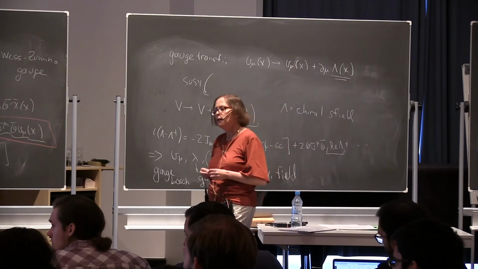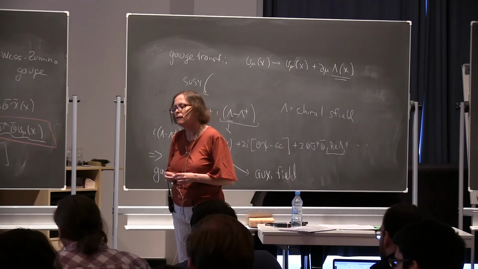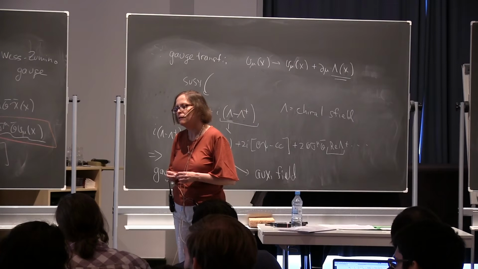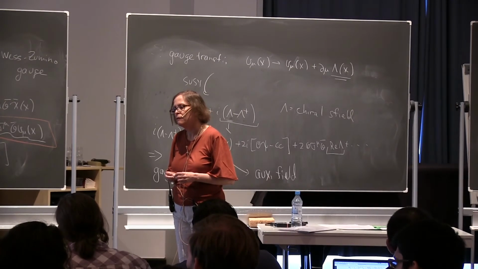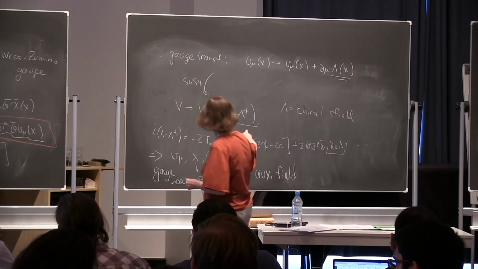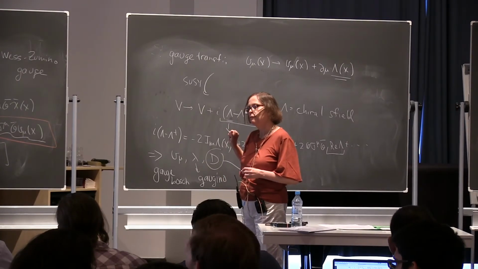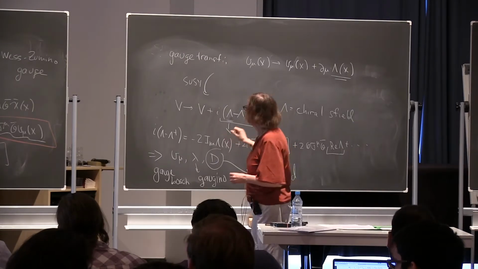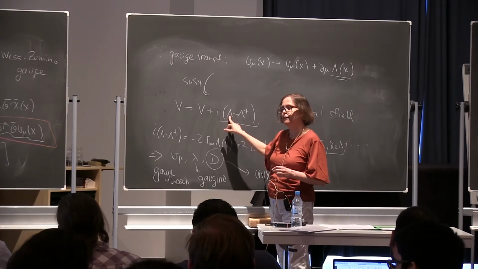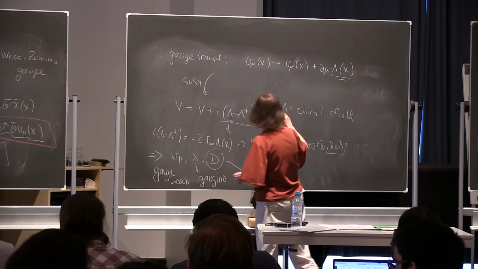The gauge transformation V to V plus lambda. But it's a superfield, right? So lambda is a chiral superfield.